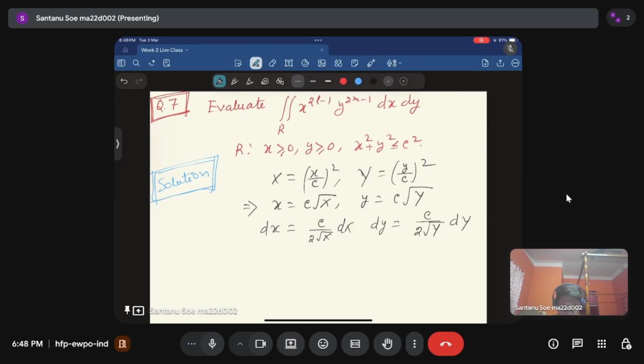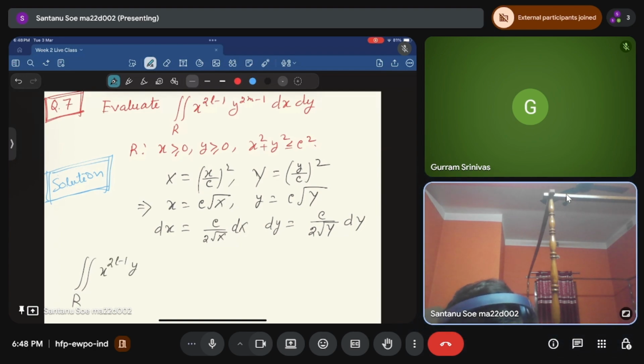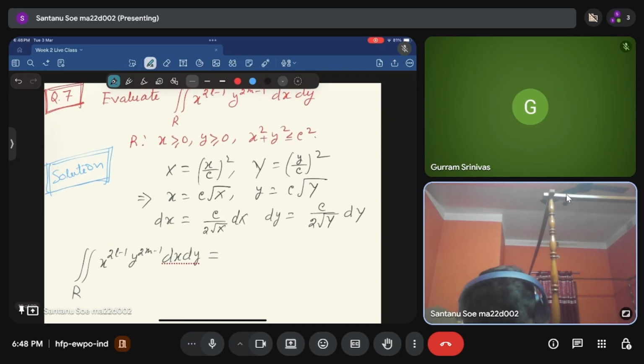Okay, so now we can substitute these values, this capital X and capital Y, all of this in the actual integral. So the double integration over R, x to the power l minus 1, y to the power 2m minus 1, dx dy, and this is going to be over the new region R prime.